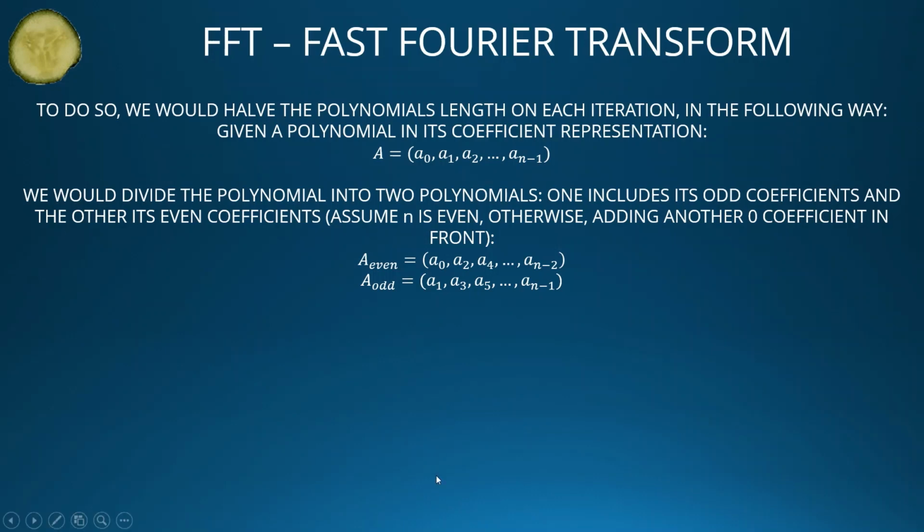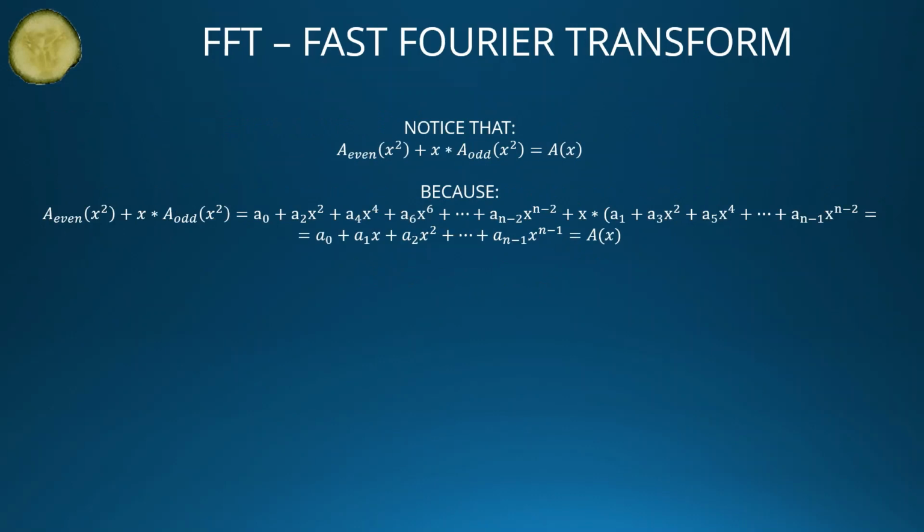So a even equals a0, a2, a4 all the way to an-2, and a odd equals a1, a3, a5 all the way to an-1.